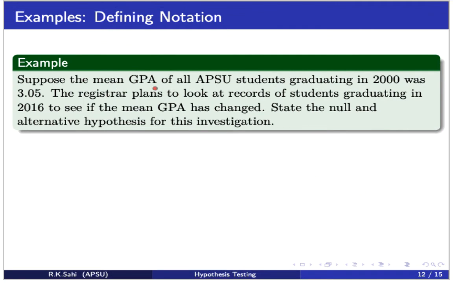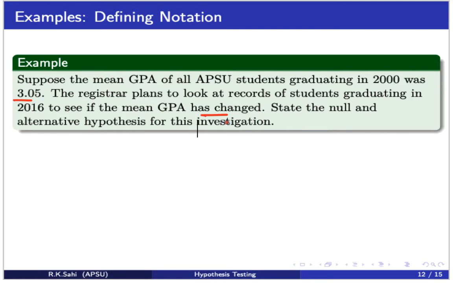Suppose the mean GPA of all APSC students graduating in 2000 was 3.05. The registrar plans to look at records of students graduating in 2016 to see if the mean GPA has changed. State the null and alternative hypothesis for this investigation. So guys, here's the scenario.